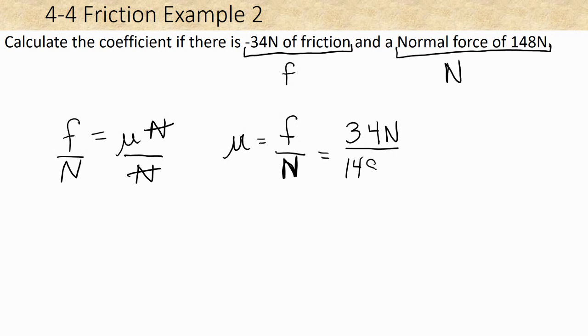And again, this is the only formula where we can simply drop negative signs. Note the units of newtons cancel out entirely. 34 divided by 148 gives us a coefficient of 0.23. And that's it.